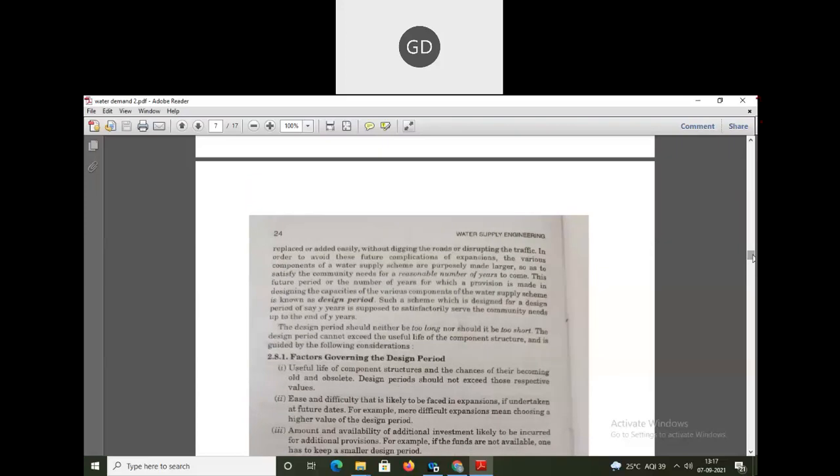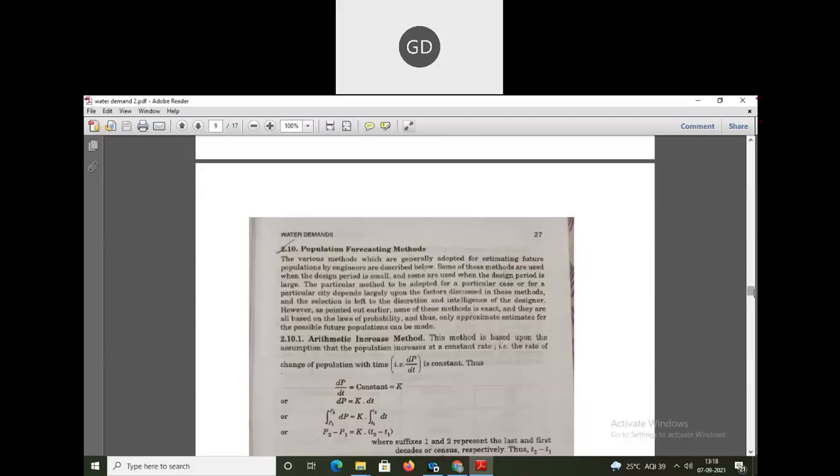After knowing the design period, we have to know what population forecasting is. As I already explained, population forecasting is done to know the population for future years, for example the population for the next 20 or 30 years, so that it is convenient for you to design a water supply scheme.